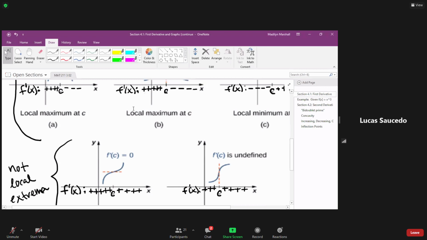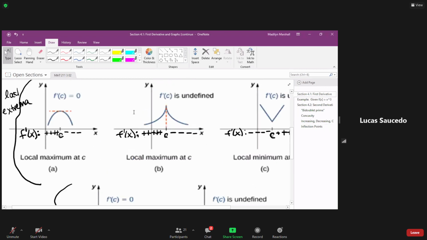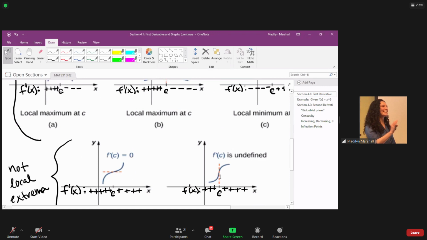So would that be the second one on the bottom? It's not, because that one is actually still defined at C. So the second example we just did actually has an asymptote.